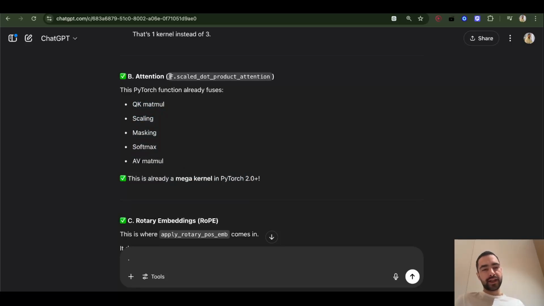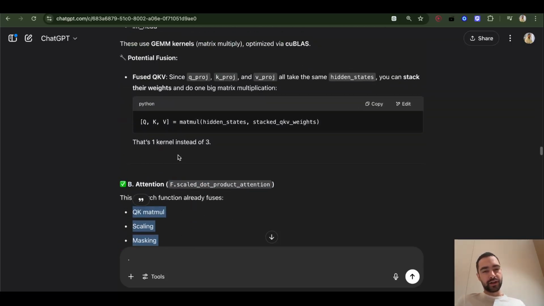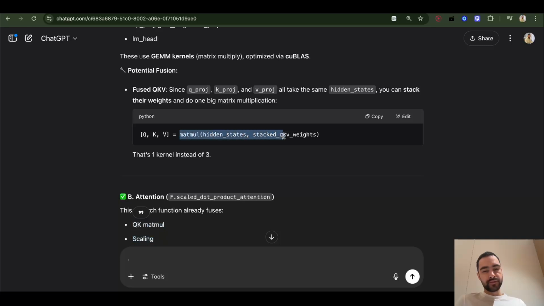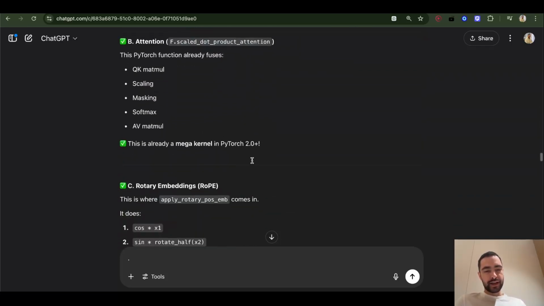It's F.scaled_dot_product_attention. The people that coded this are very good, so you can just use this because it's probably as optimized as it can be. But if you have a different architecture, maybe you can write your own kernel like this. So you would just create some matrix multiplication or another way.